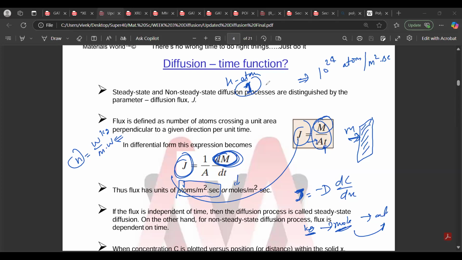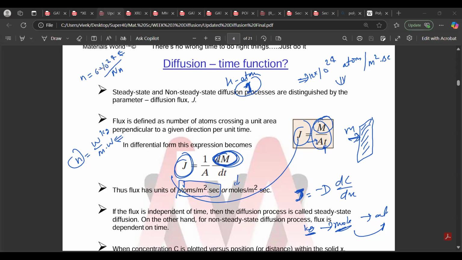So you can convert into kg per meter square. How? You convert this many atoms into moles. Moles is the number of atoms divided by Na, Avogadro's number, which is 6.023 into 10 to the power 23. Number of atoms divided by Na is your number of moles, because it's a unitary method.